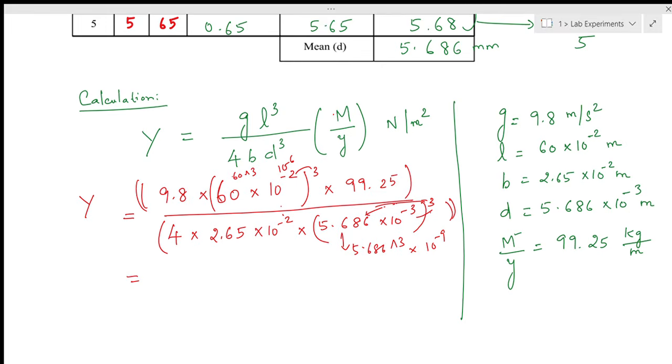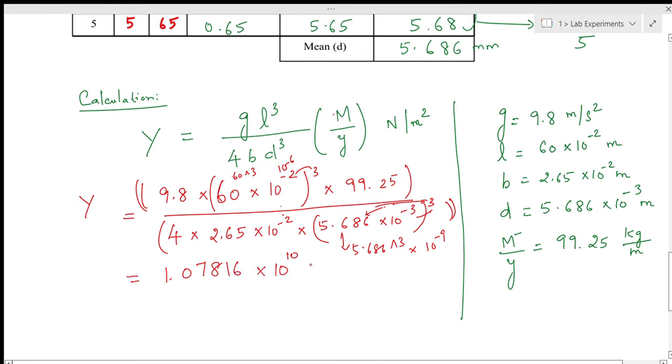I got 1.07816 into 10 power 10 Newton per meter square.